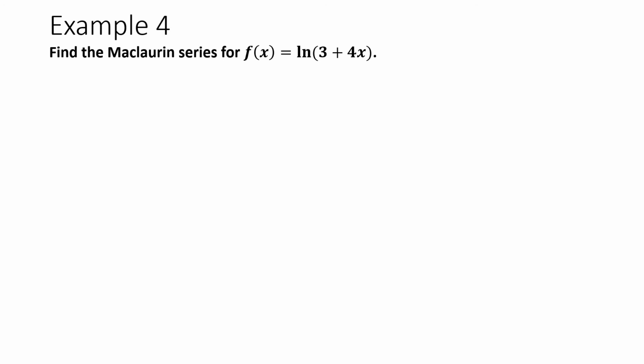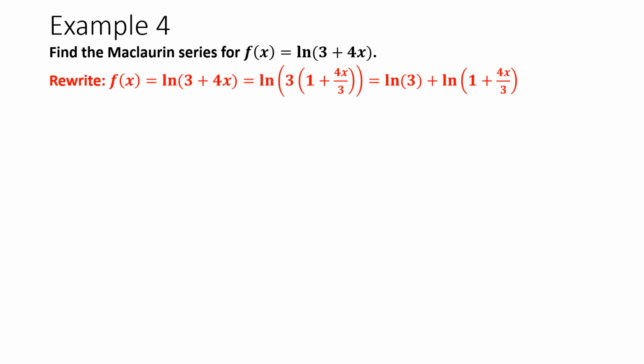Example 4 says find the Maclaurin series for f of x equals ln of 3 plus 4x. First, I'm going to rewrite this. For ln of 3 plus 4x, I pull out the 3 to get ln of 3 times 1 plus 4x over 3. Then I use my log rules, so instead of ln of 3 times whatever, I have ln 3 plus ln of 1 plus 4x over 3.